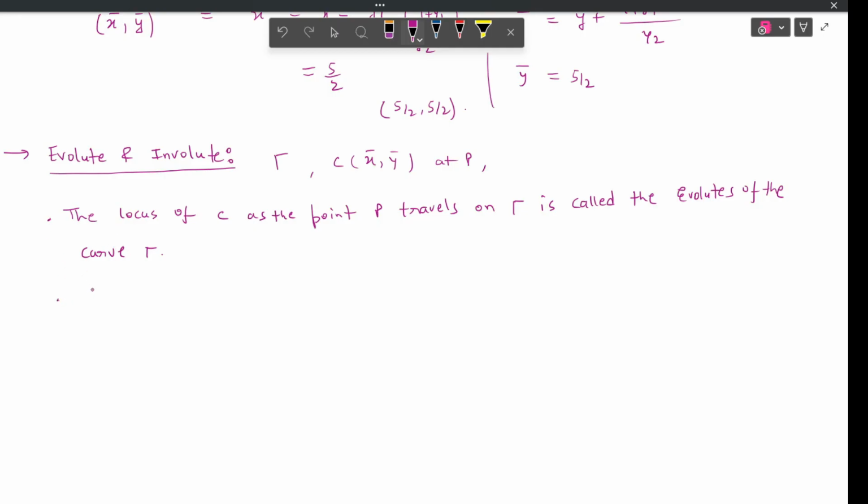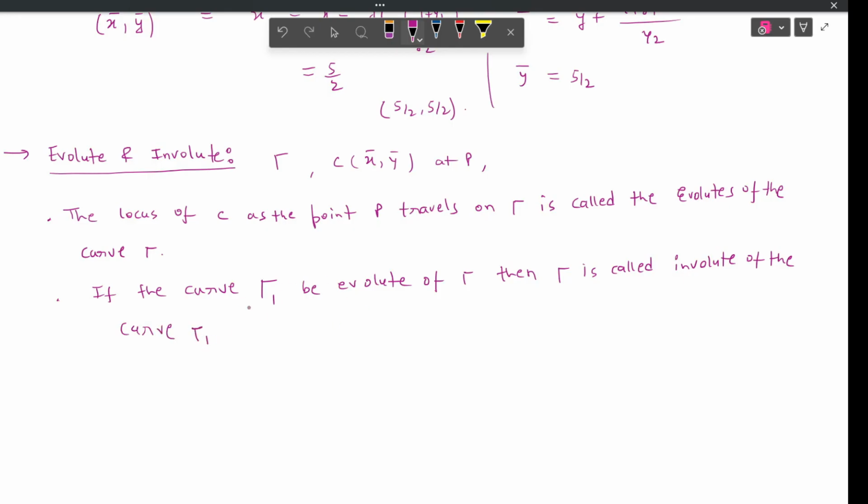In other words, you can say if the curve gamma 1, let us say this is any curve, be the evolute of gamma, then this gamma is called the involute of the curve gamma 1.